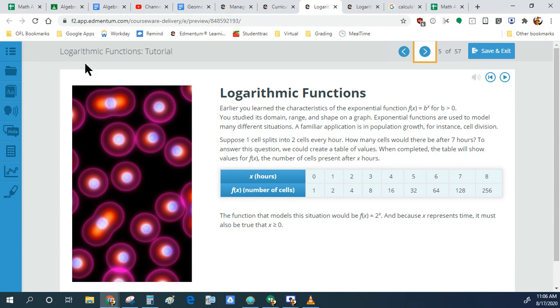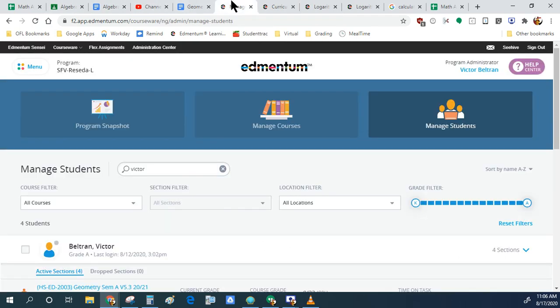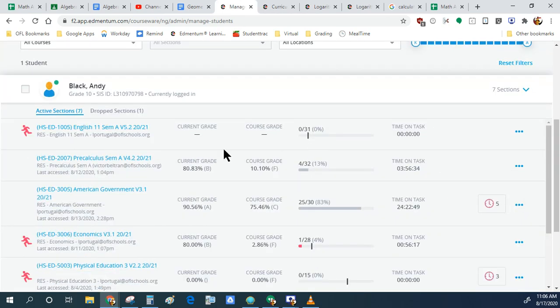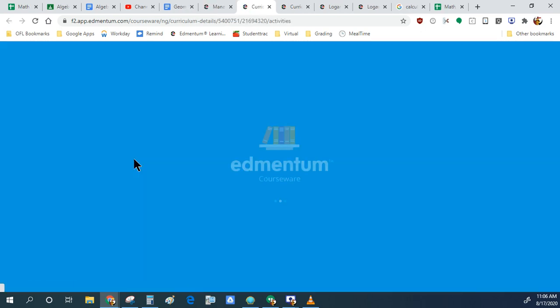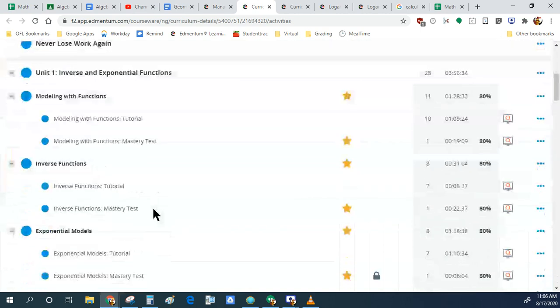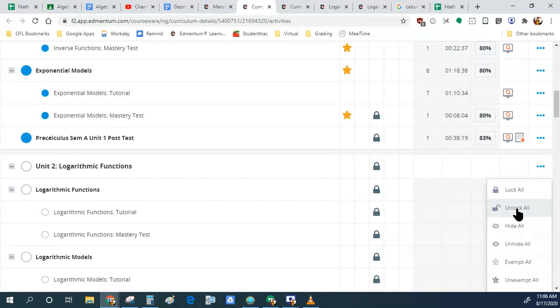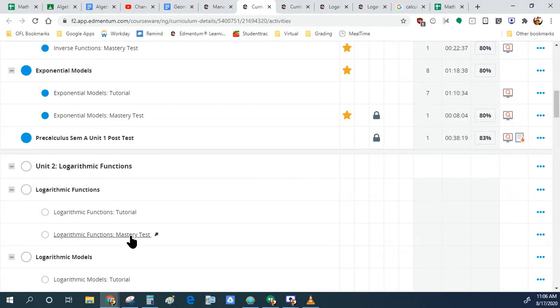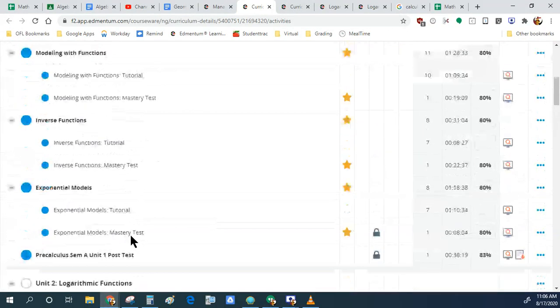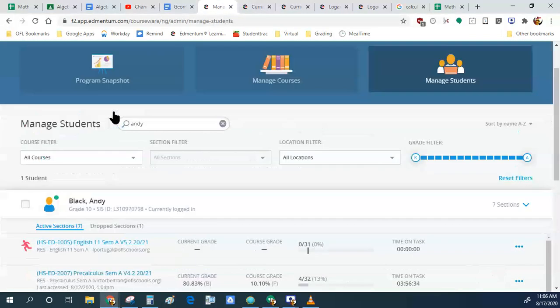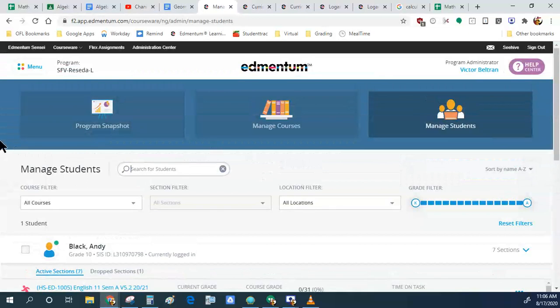Let me unlock that for you then. Does anybody else have unit 2 locked? Does anybody you have unit 2 locked as well? Okay. Anybody else? Do you have unit 2 locked?